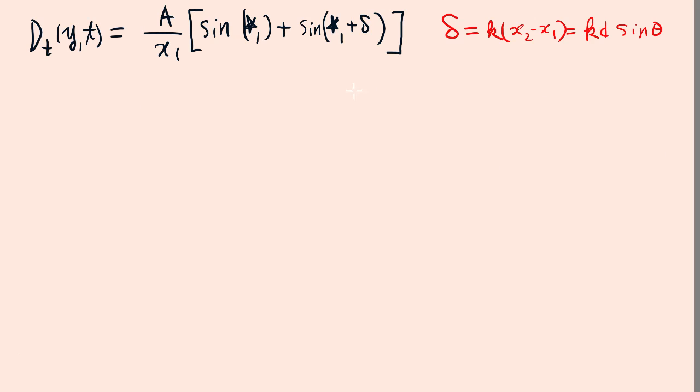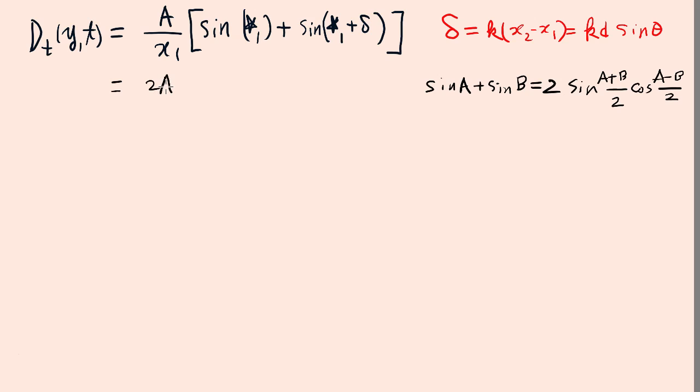We need some trigonometric identity here. So let's see. The identity that we're going to use is this: sine A plus sine B equals 2 times sine of (A plus B) divided by 2 times cosine of (A minus B) divided by 2. You can learn to prove this, but here our purpose is just to use it. Okay, so if we use that, then what do we get?